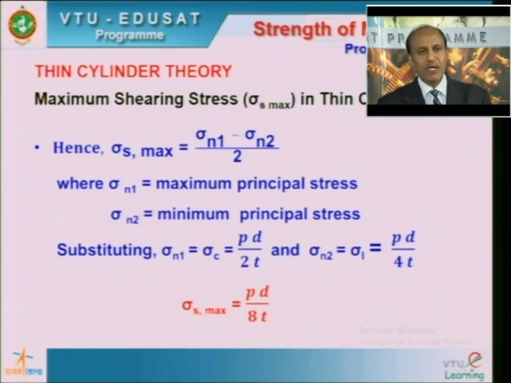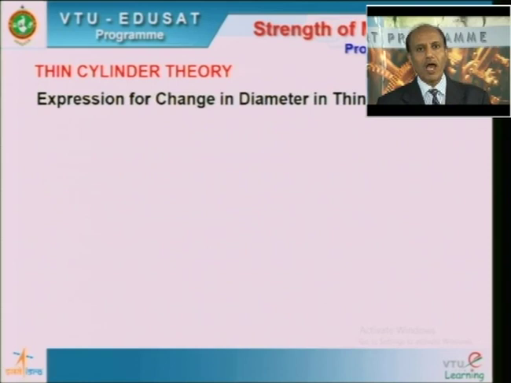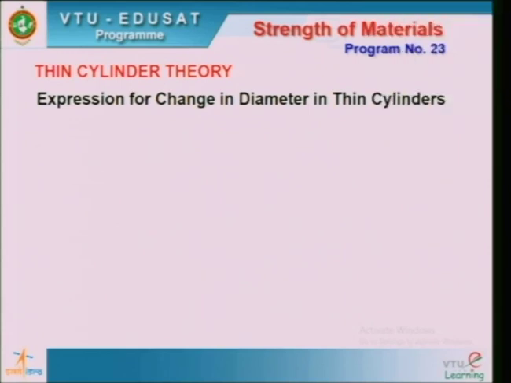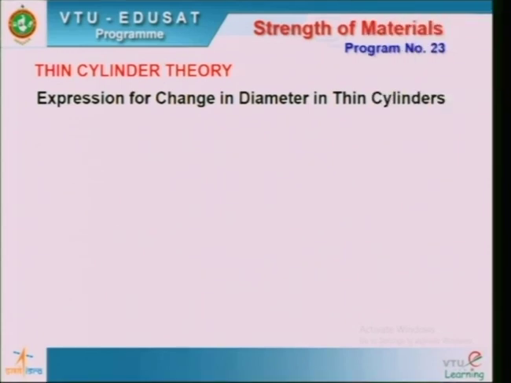Now, having learned these important expressions, we have a few more expressions that are equally important. The first one is the expression for change in diameter in a thin cylinder. What exactly is this? If you take a thin cylinder and subject it to some internal pressure P inside, you can understand that the cylinder is going to expand.